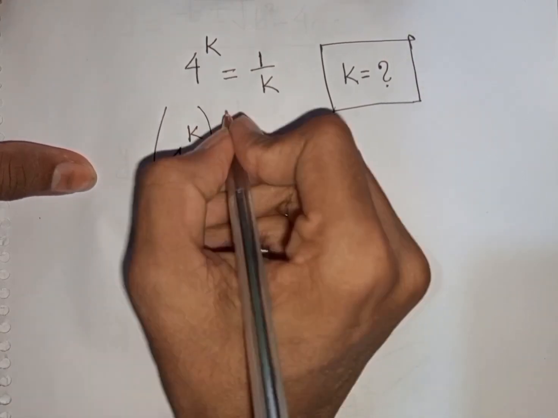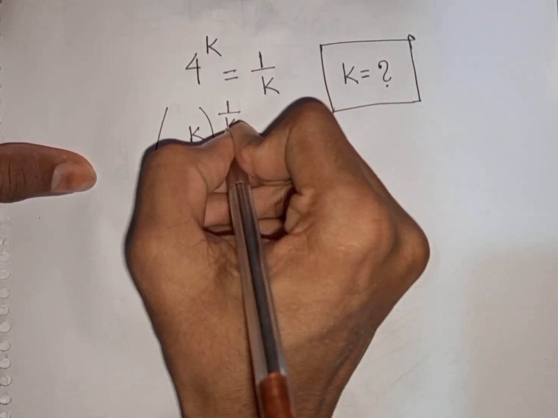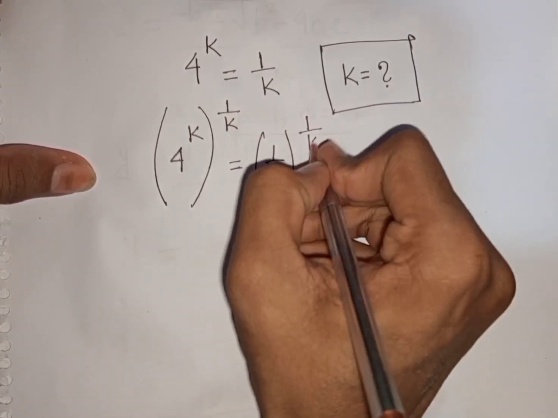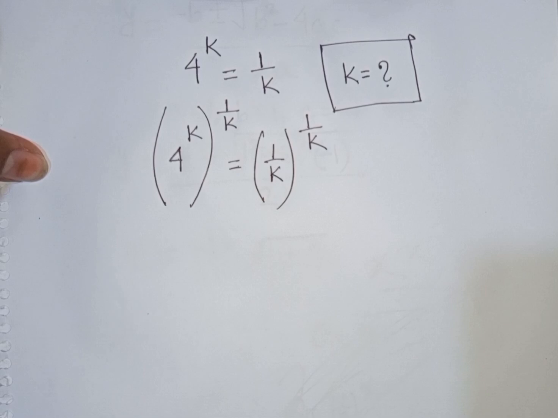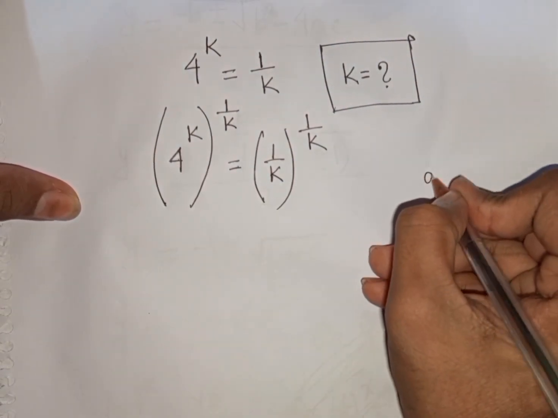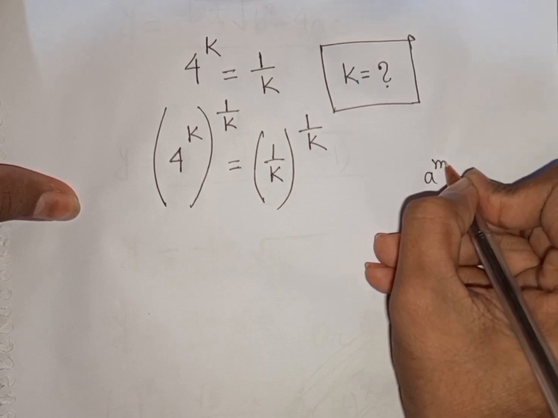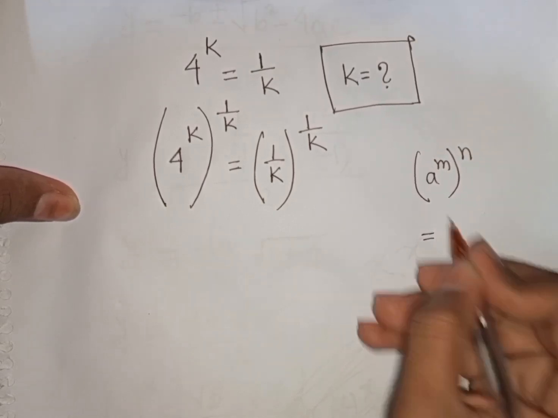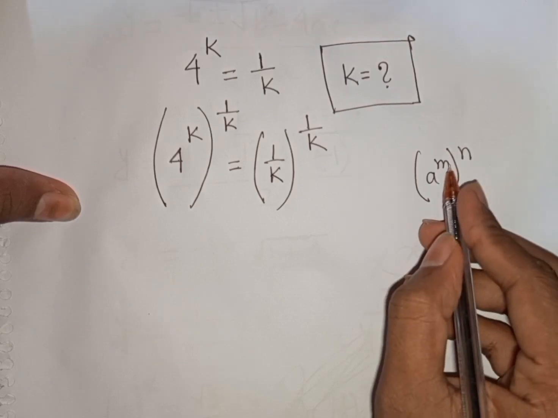So multiply by power of 1 by k. Now here I can apply this exponential rule that a power m, bracket, power n is equal to a power of m times n.